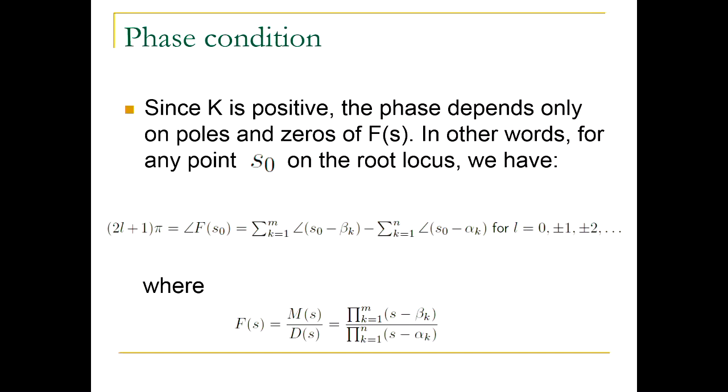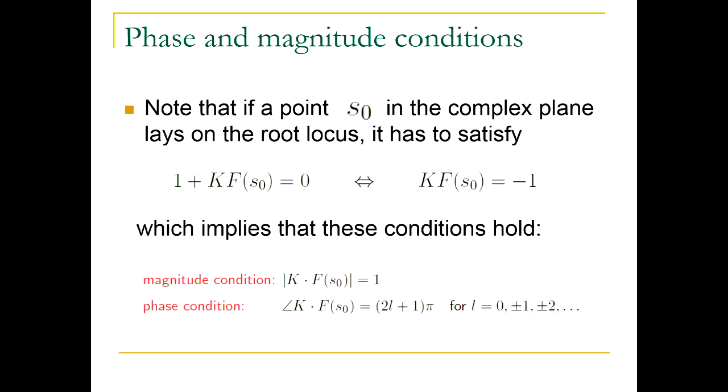All right. So what I want to do now is graphically represent what a phase condition looks like. How can you graphically check it quickly? Because k is positive, the phase of k wouldn't affect things, so I can just say that the phase of f is equal to this.